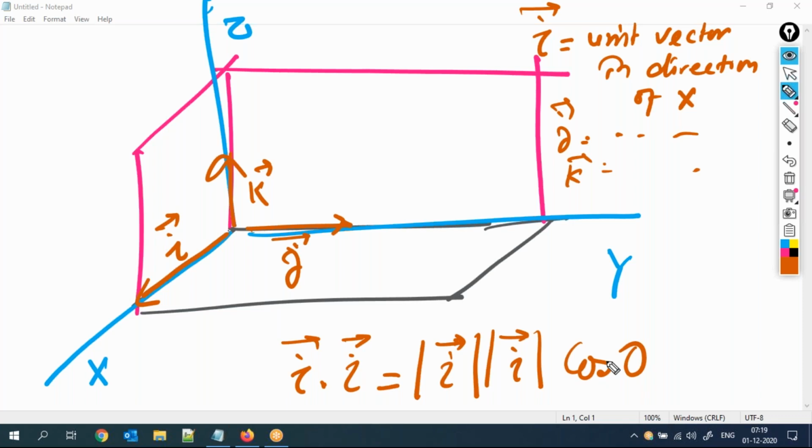Anybody who does not understand, please tell me. Like vector 5, the value is equal to 5. So this value is 1, the second value is 1, cos 0 is also 1. So this will be 1. Be clear?